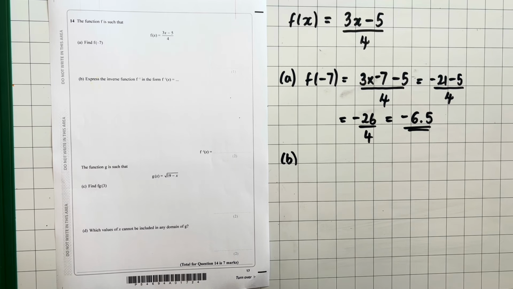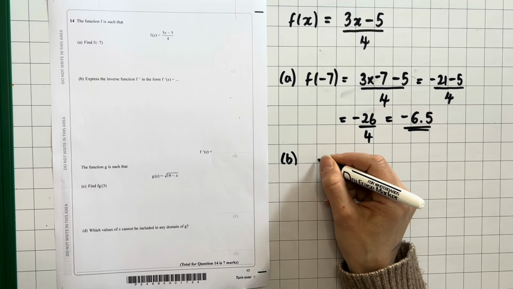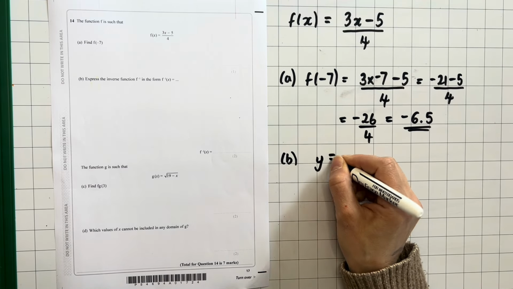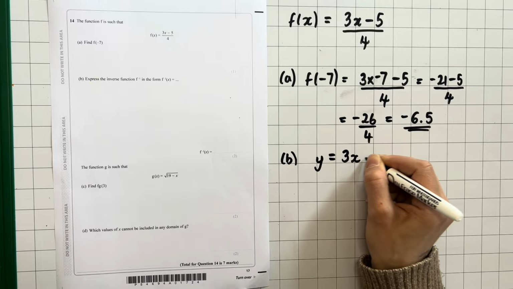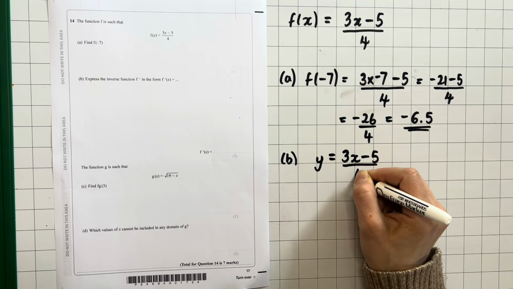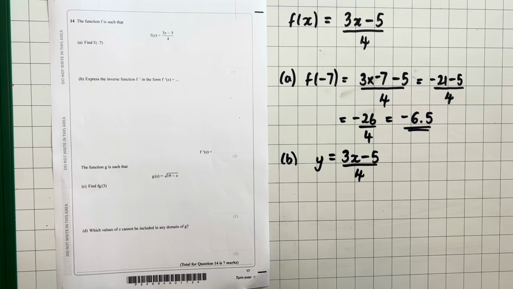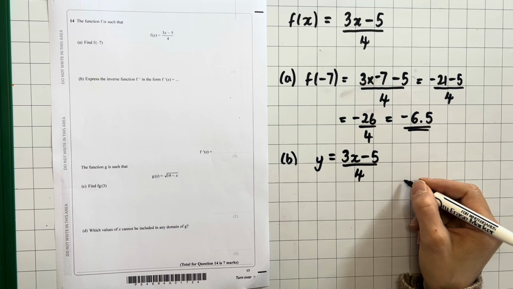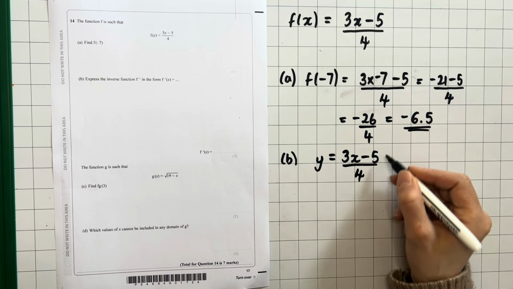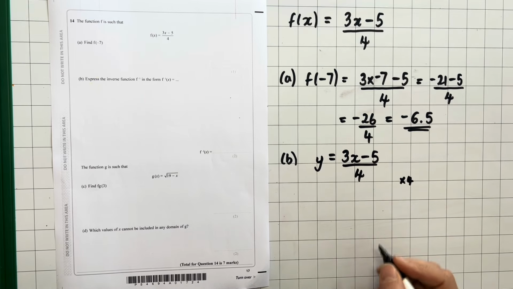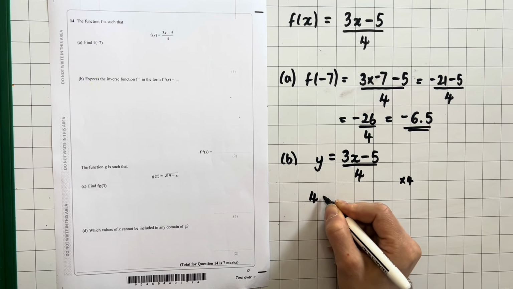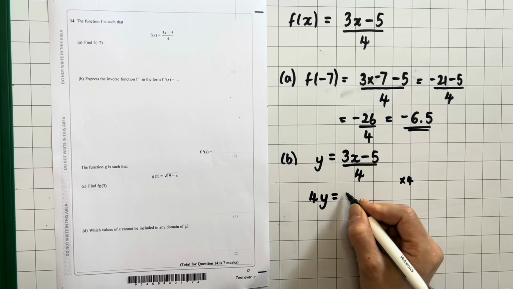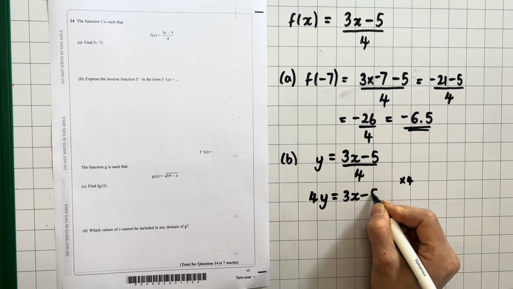For part B, we're asked to find the inverse function of f. To do this, we equate the function to y. We then rearrange to change the subject to be x. First of all, we want to multiply by 4 because this will cancel out with this 4 here. So we get 4y on the left-hand side, which leaves us with 3x minus 5.